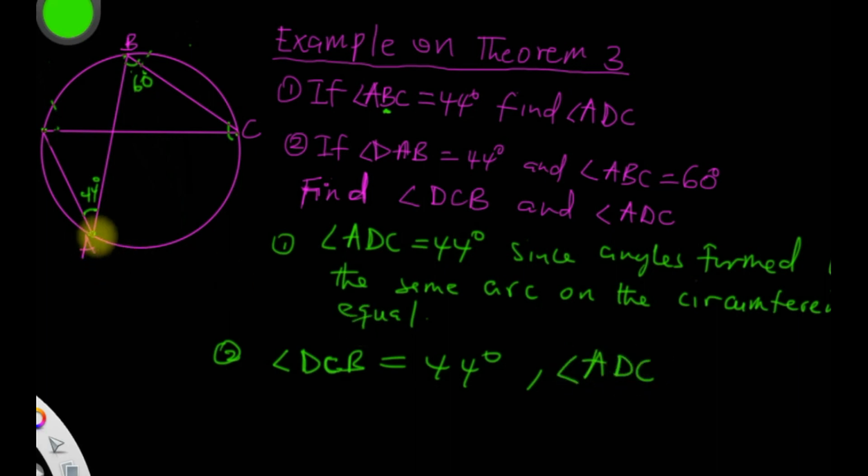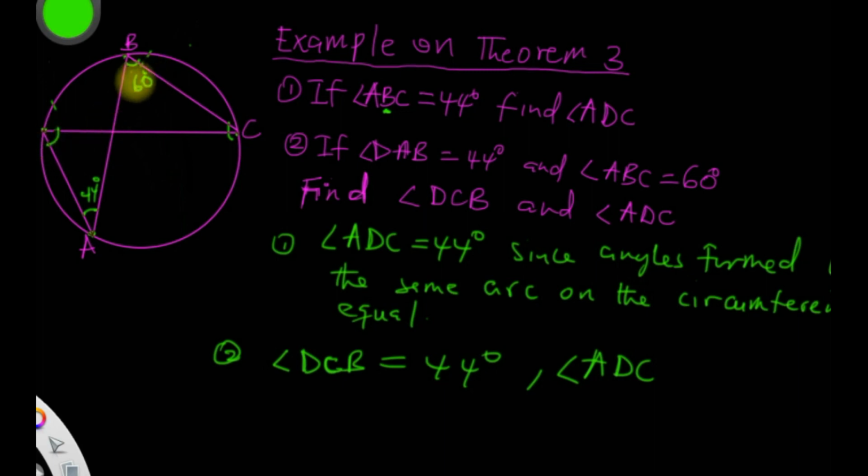Then we are also asked to find angle ADC. This angle. So what will be angle ADC? Angle ADC will have to be 60 degrees. Why? Because angle ADC is formed by the arc AC, and the same arc AC is forming angle ABC, which is 60 degrees on the circumference.